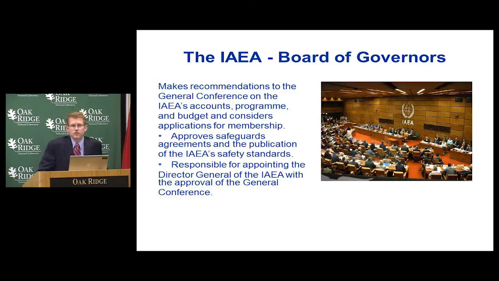The Board of Governors, as I said earlier, consists of 35 member countries, of which I believe it's now 15 permanent members of the board. These are the most advanced and complete fuel cycles. The other members, which I think is 20, will rotate.